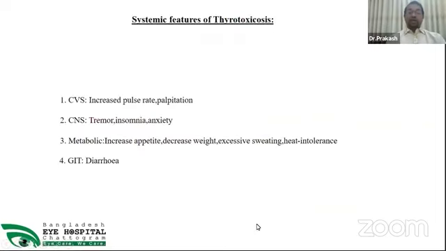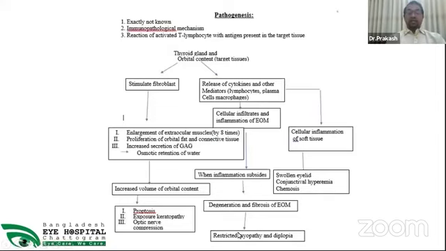This fibrosis of the extraocular muscle causes restriction of the ocular movements, and that is called restrictive myopathy. And if the binocular movement is restricted, there will be diplopia, double vision.